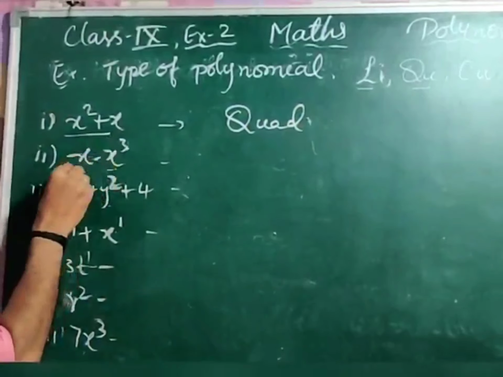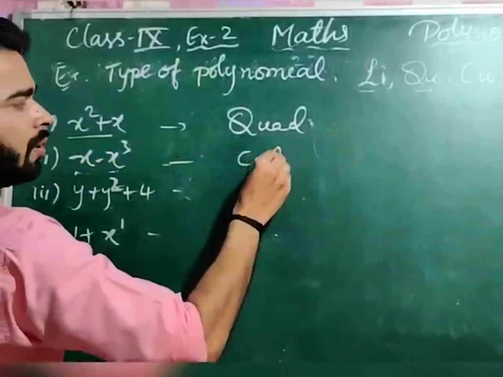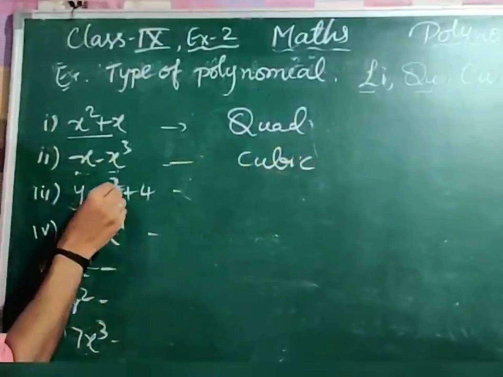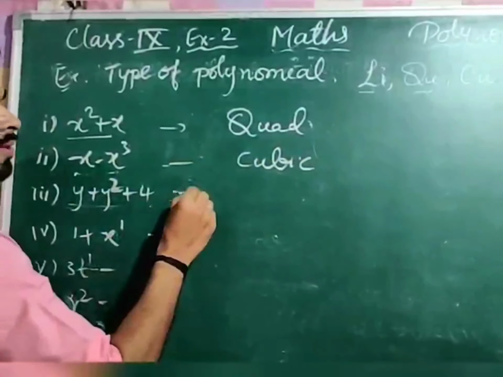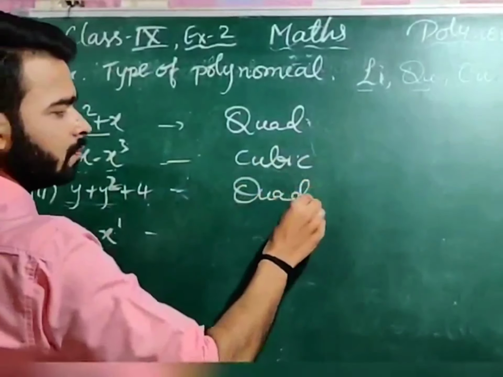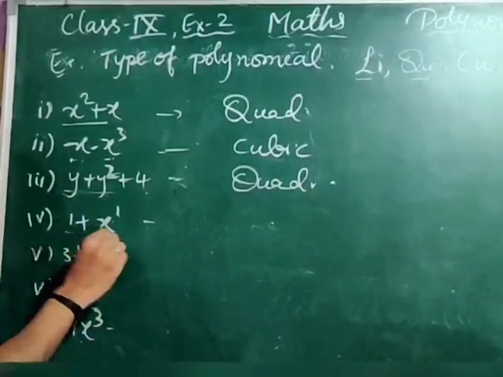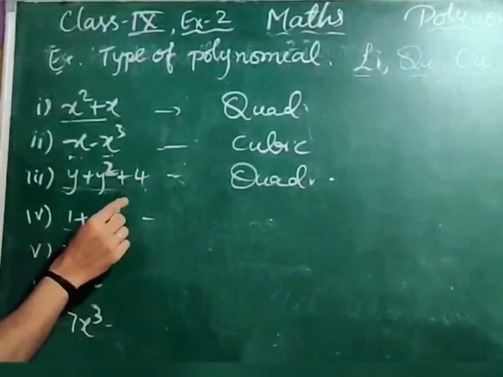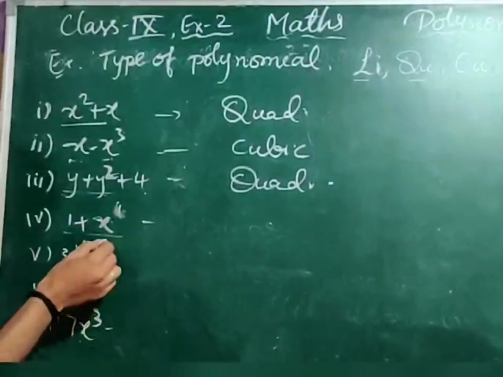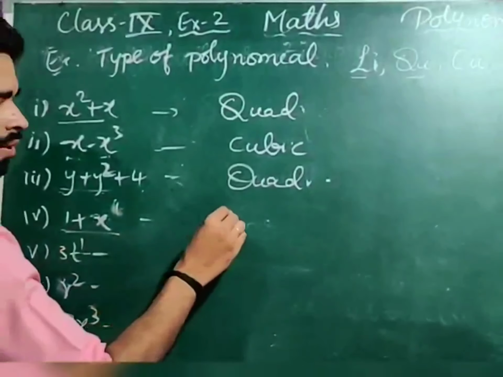The highest power is 3 and the variable is x, so it is a cubic polynomial. The highest power is 2 and the variable is y, so it is a quadratic polynomial. It is too easy. The highest power is 1, x to the power 1, nothing is given, so it is power 1, and the variable is x, so it is a linear polynomial.